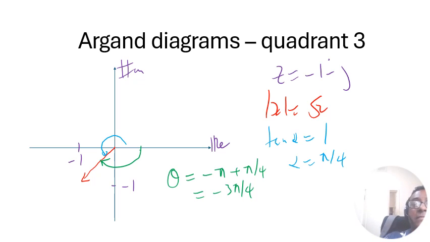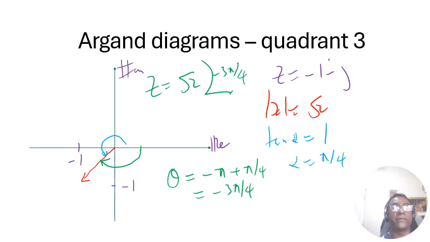So this complex number z can be represented by its magnitude root 2 and the angle minus 3 pi by 4, and that's its graphical representation on the Argand diagram. That's quadrant number 3. So now let's work with the fourth quadrant.